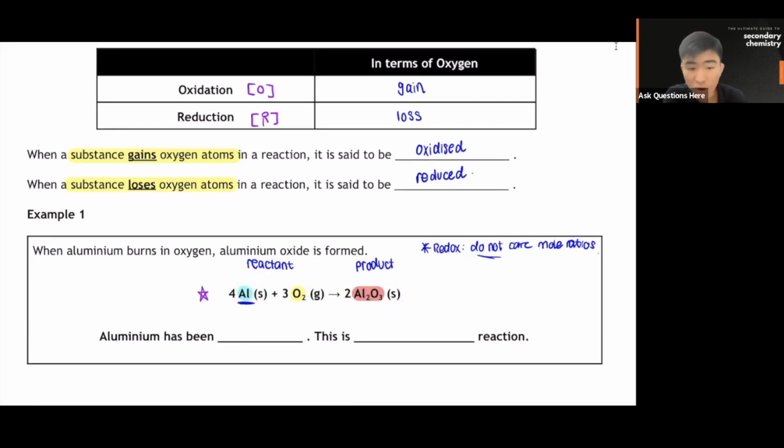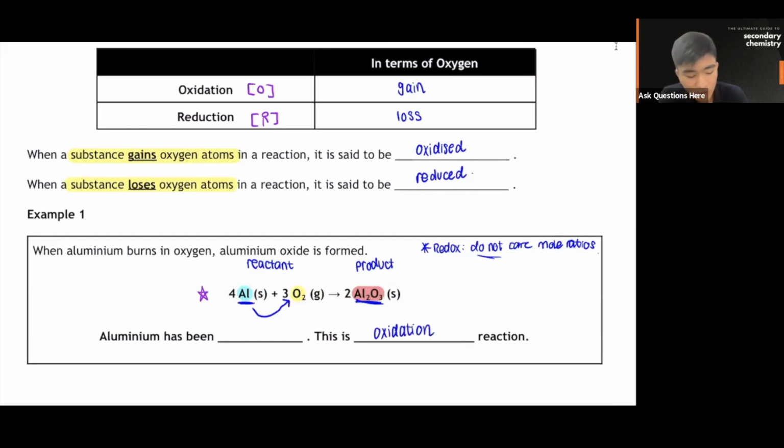So you see, aluminum originally doesn't have oxygen bonded to itself. After the reaction, it grabs onto some O and forms Al2O3. And this reaction is termed an oxidation reaction.